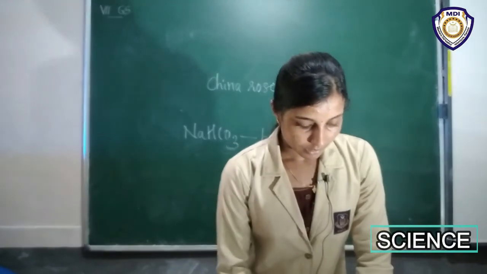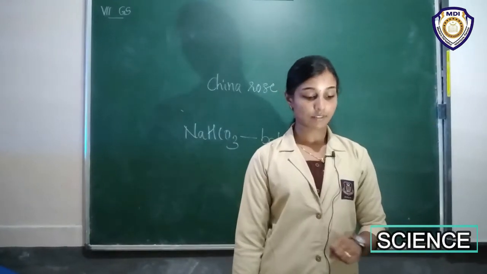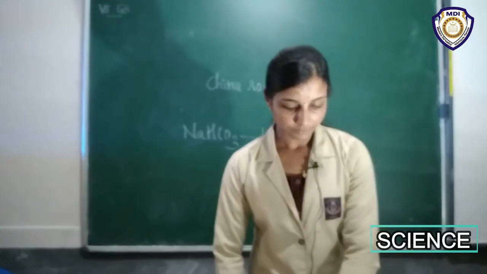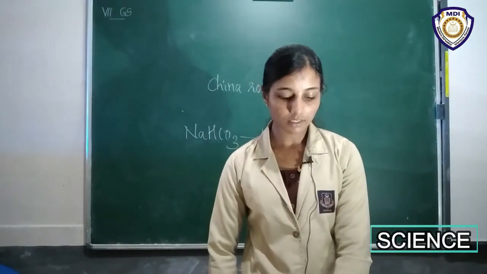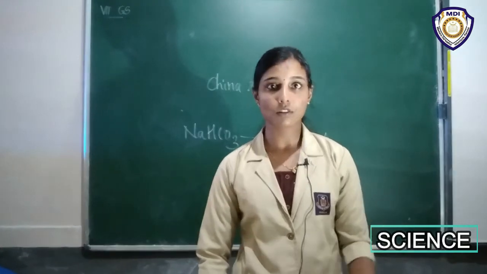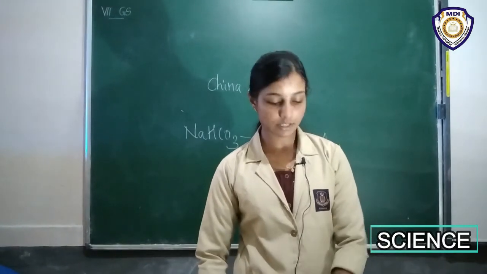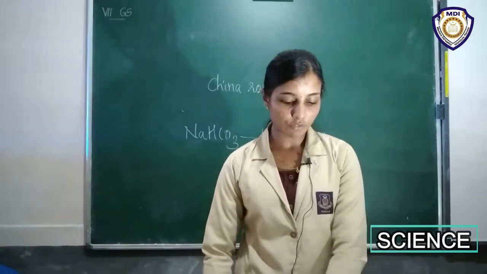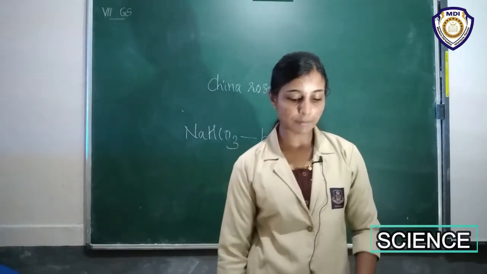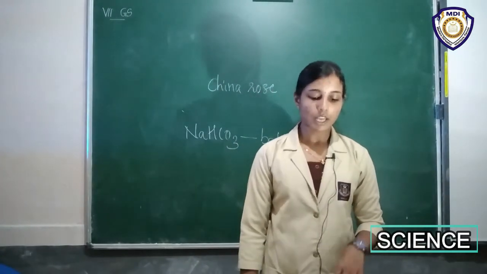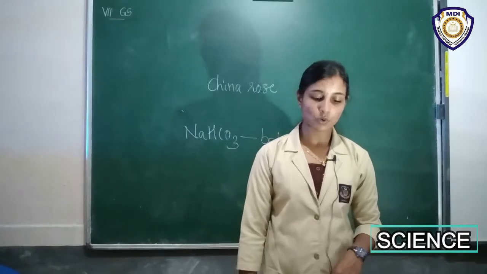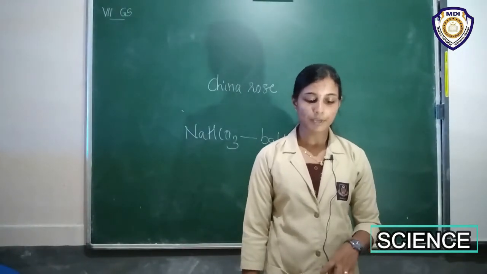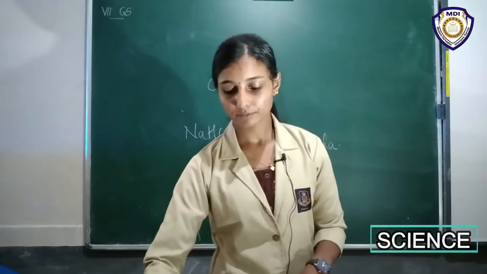And that is activity 5.3. The results and conclusion are also given here. What is the effect of indicator on acidic, basic and neutral solutions? China rose indicator turns acidic solution to dark pink and basic solution into green.